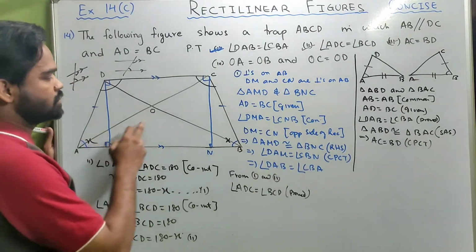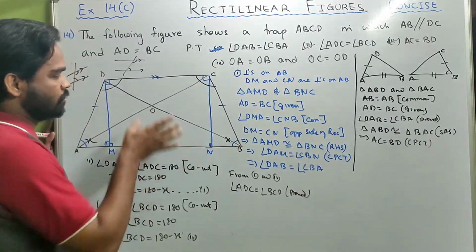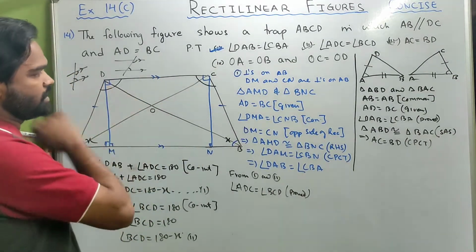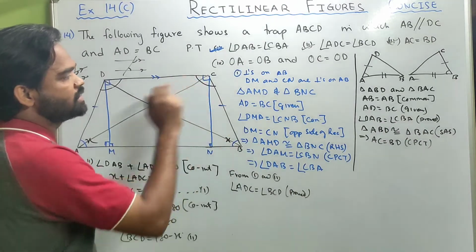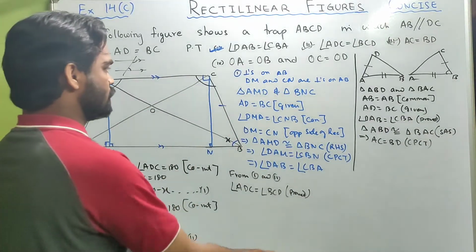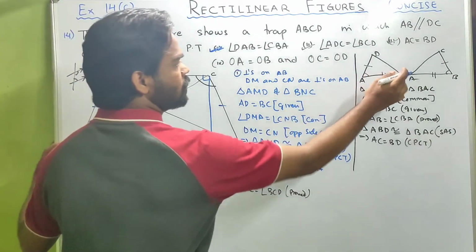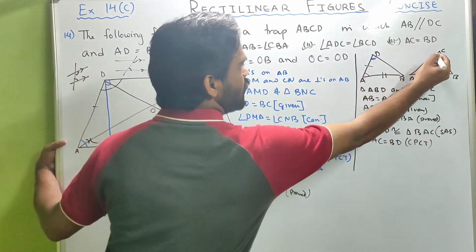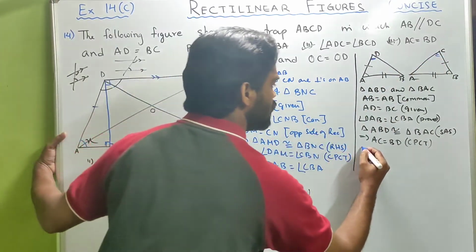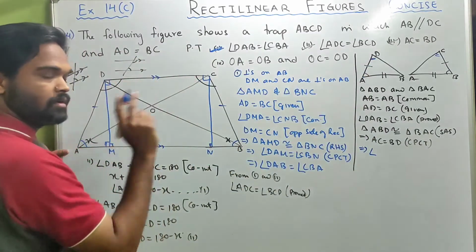Now look at the fourth part. OA is equal to OB and OC equals OD. We know if we can prove that triangles AOD and OBC are congruent, our work will be done. Now look carefully. Just now we proved that these two triangles are congruent, so this angle and this angle will be equal. We'll use this in the last part.